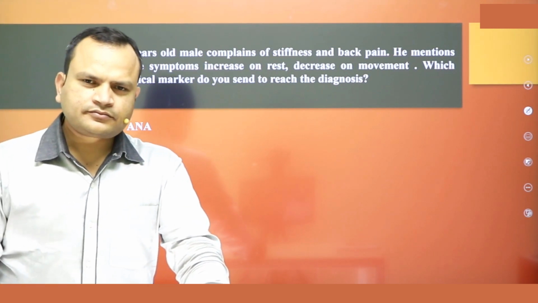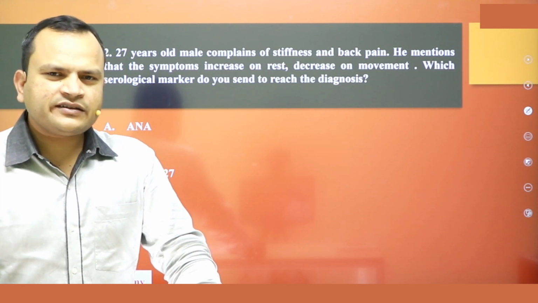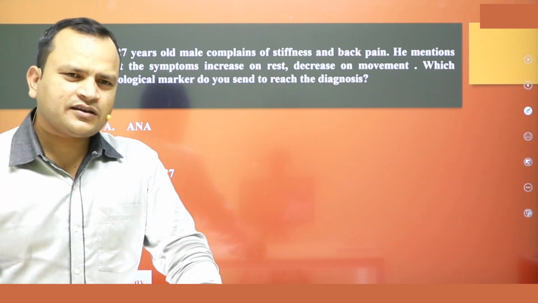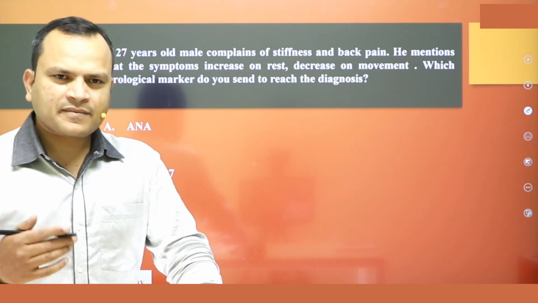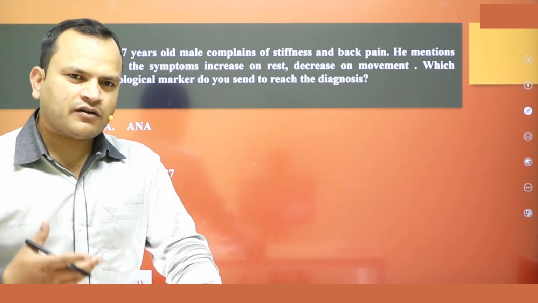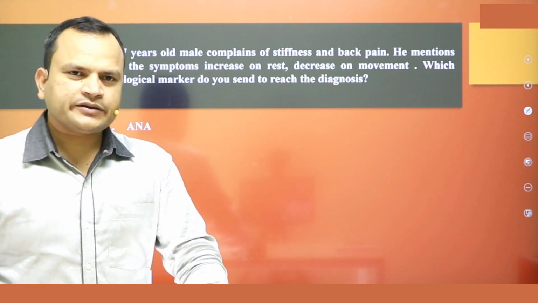So, the patient has back pain, so ankylosing spondylitis is the most appropriate answer. In case of rheumatoid arthritis, usually the joints of the hands are involved. In case of ankylosing spondylitis, the axial skeleton is involved, usually the spine and the sacroiliac joint.